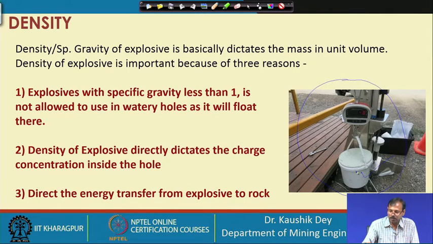From the very beginning, we know the empty weight of the container. Now, by measuring the weight, we can find the net weight of the explosive placed inside the container, and we know the container volume. From that we can easily find out the density or specific gravity of the explosive.